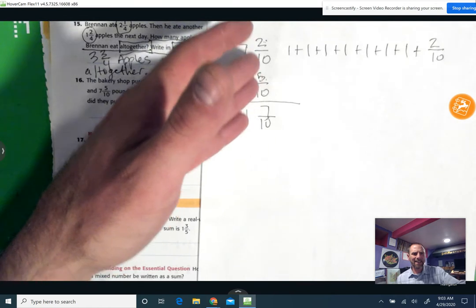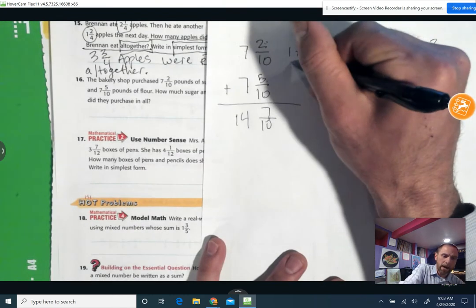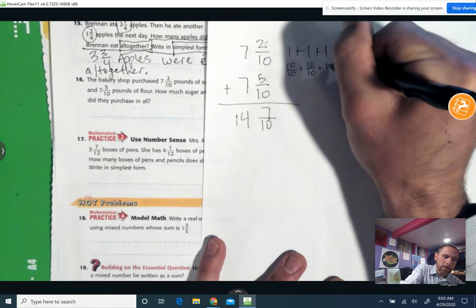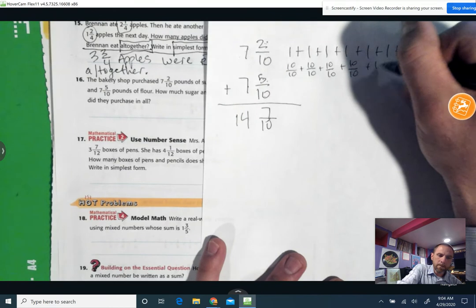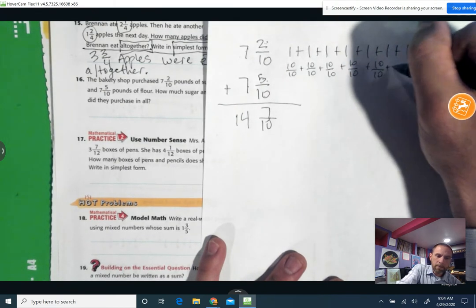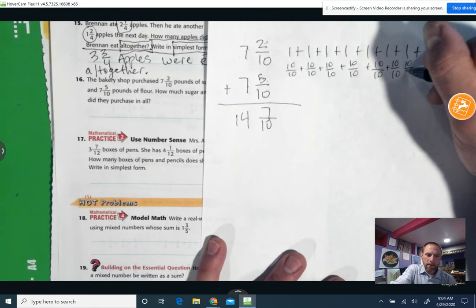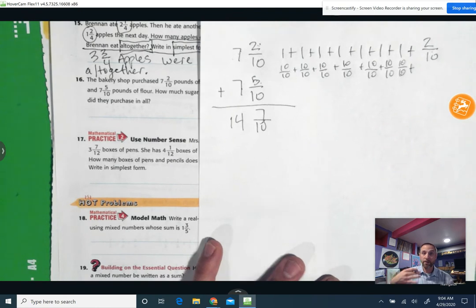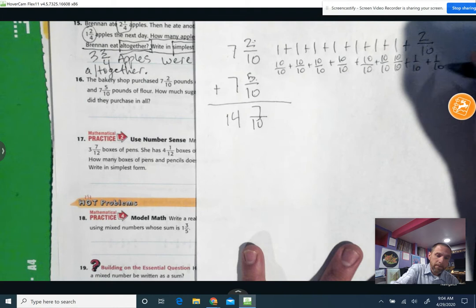Well, the idea is that this entire mixed number is dealing with tenths. Okay, so we have 10 tenths, 10 tenths, 10 tenths, and so on, 10 tenths 7 times, plus 2 tenths, which is in unit fractions, 1 tenth plus 1 tenth.